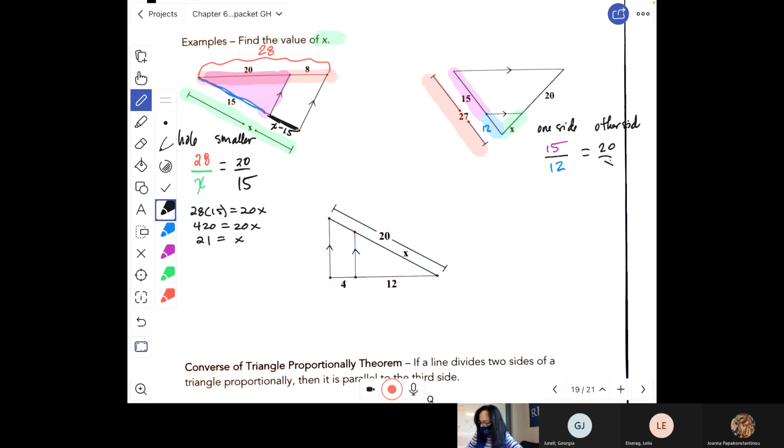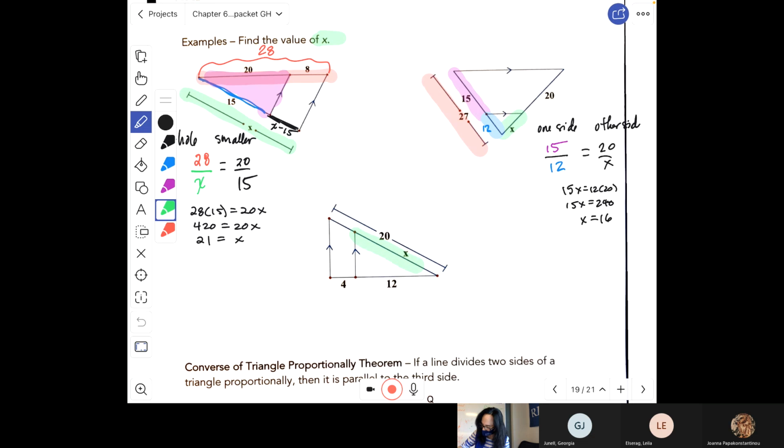Excellent. And then I'd cross multiply. And what is x? Now, if you set it up a different way, did you get the same thing? Yay!